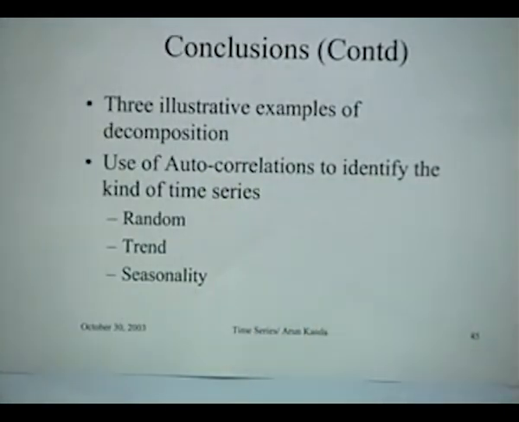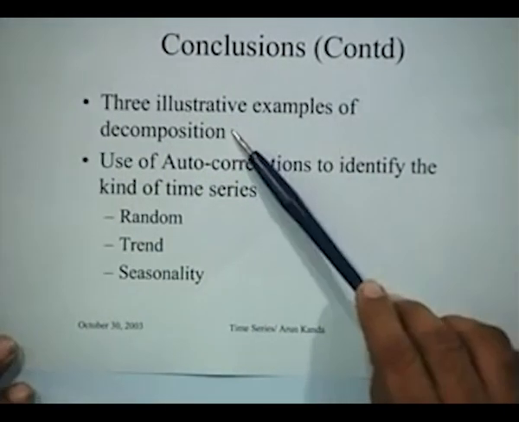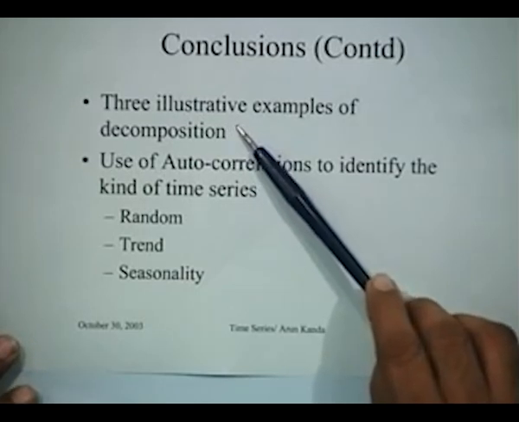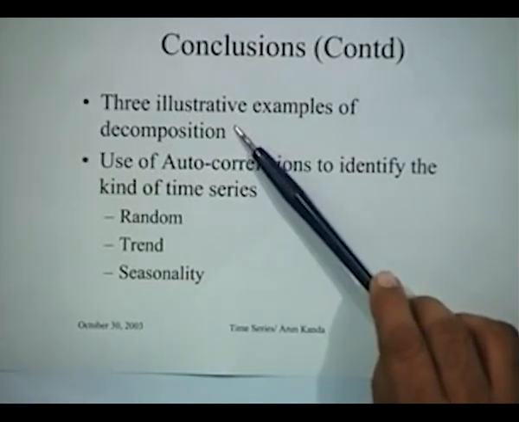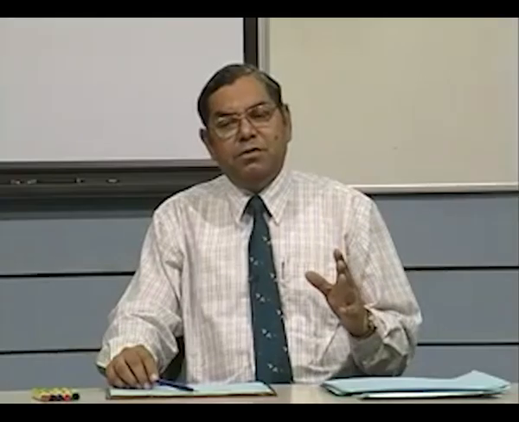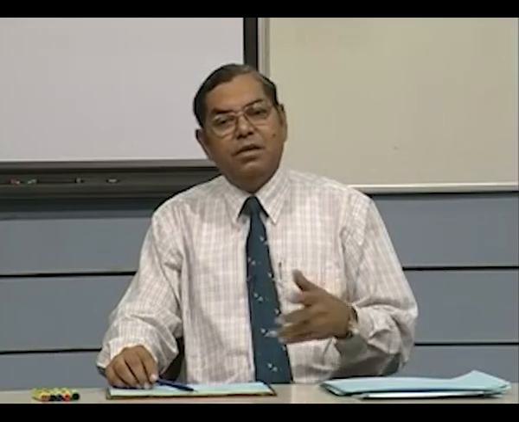We also saw 3 illustrative examples of time series decomposition, which were designed basically to add progressive stages of difficulty so that you could get an appreciation of what is the concept of seasonality, trend, cycle and so on, and how they could be used.